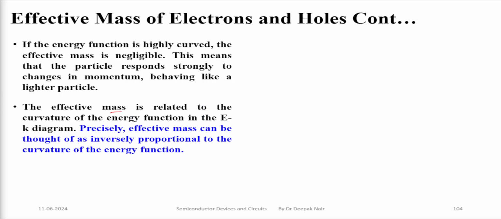So effective mass is also related to the curvature of the energy function, whether the curvature is like this or it is more flat in nature. Depending on the curvature, the effective mass may change. So precisely, effective mass can be thought of as inversely proportional to the curvature of the energy function.